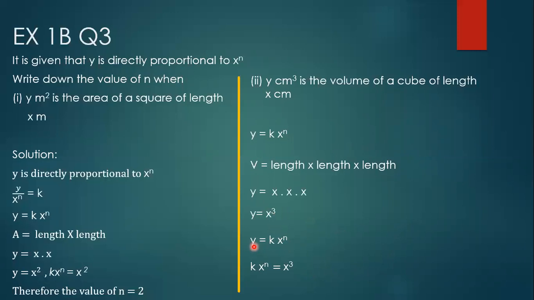In place of this y, I can write x power 3. Rest will remain the same. So k x power n, in this, replace this with x power 3. From here, x power 3 is coming. Now remember, compare now. What is the power of x here? 3. So what should n be replaced with? 3.